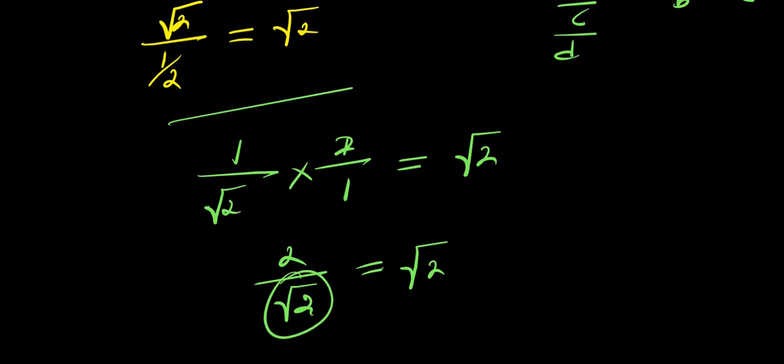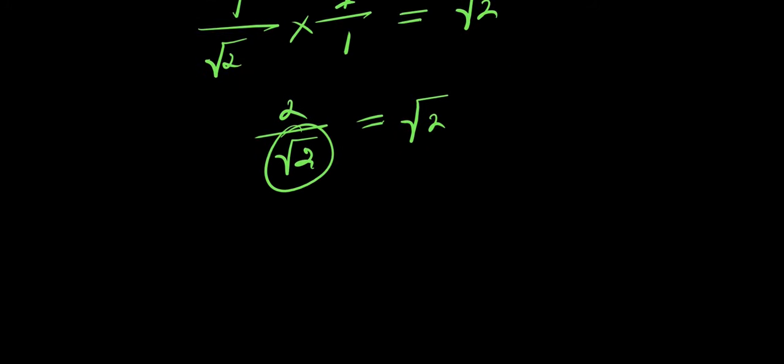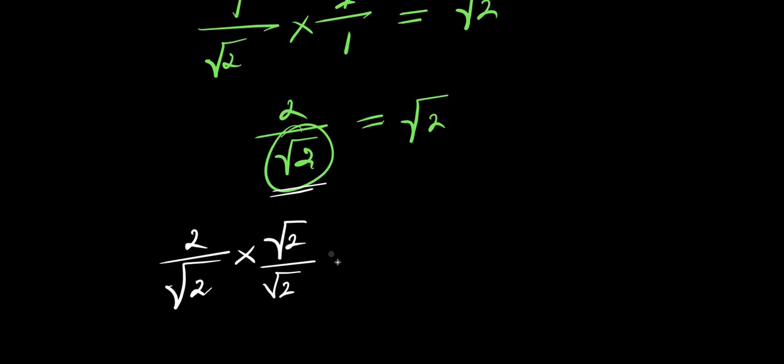Can rationalize this, multiplying the numerator and the denominator by root 2. So 2 divided by root 2 times root 2 divided by root 2 equals root 2.